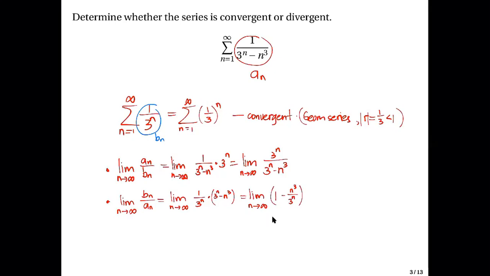And tulad ng sabi ko kanina, since polynomial ito and cube, ito ay exponential, mas mabilis si exponential. Okay? If you pass to the limit as n approaches infinity, itong guy na to, mapupunta lang sa 0. Okay? Mapupunta lang to sa 0. So alam mo may limit ka, which is equal to 1.